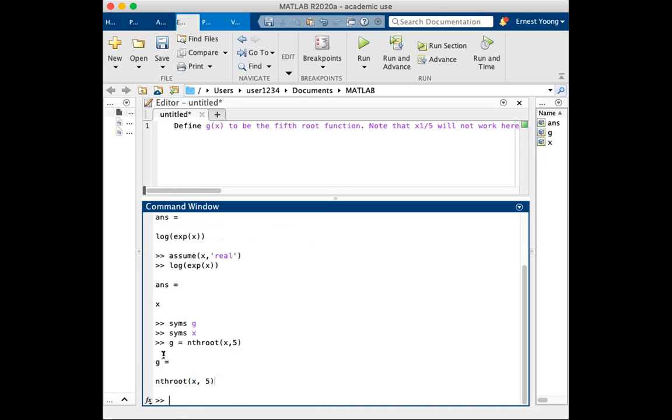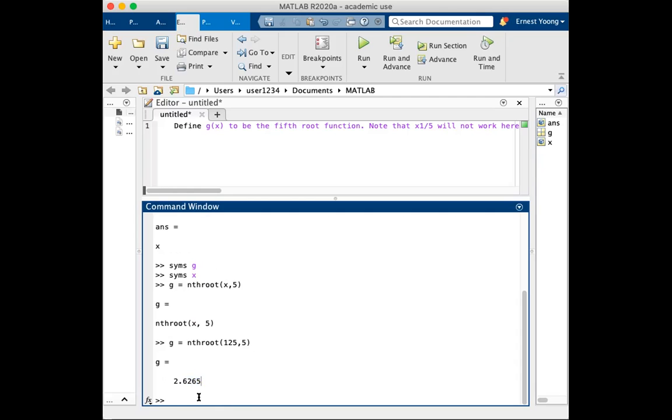And if we have a number, let's say g is equal to nthroot of 1 to 5, 5, we can find the value here. That's how we find any root.